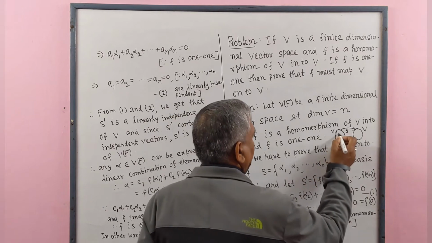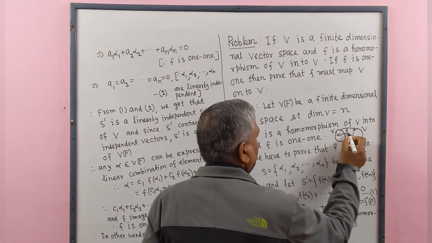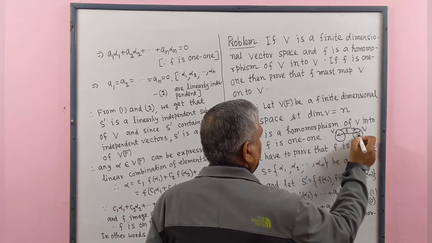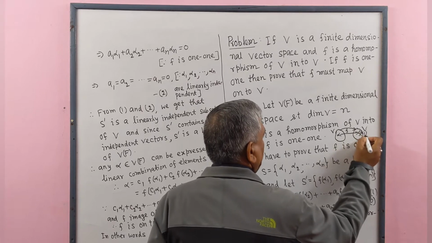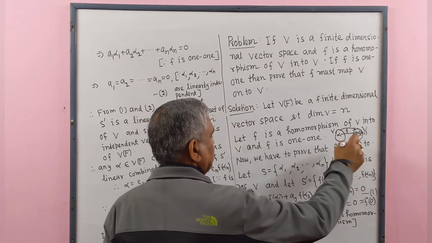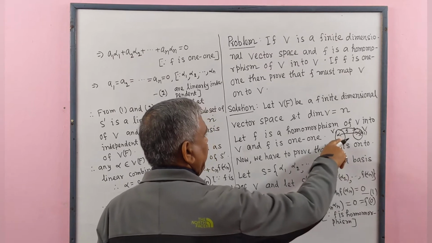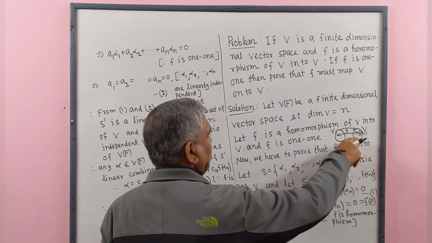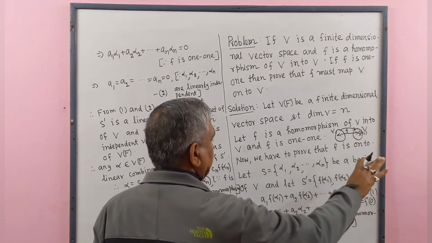For alpha 1 we get the image F alpha 1, and similarly for alpha 2 belonging to V, we get image F alpha 2, and so on.